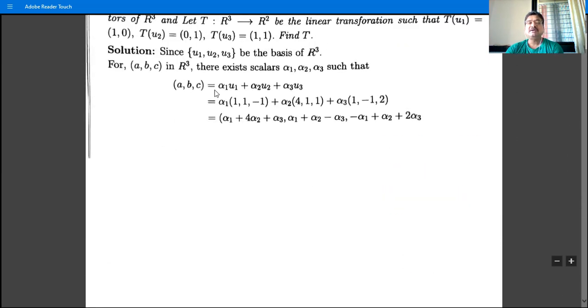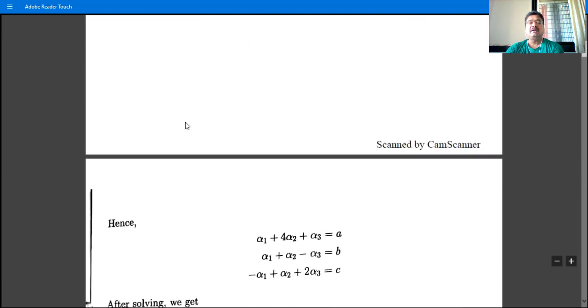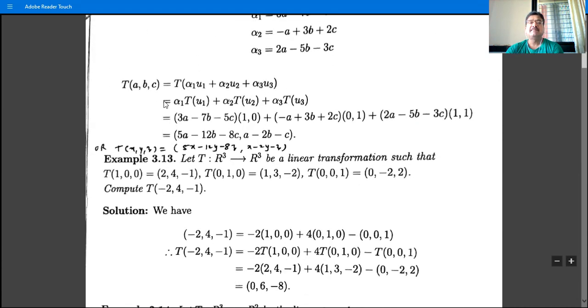T of (a, b, c) is equal to T of (alpha 1 u1 plus alpha 2 u2 plus alpha 3 u3). And by using the property of linear transformations, the basic two properties of linear transformation are what?